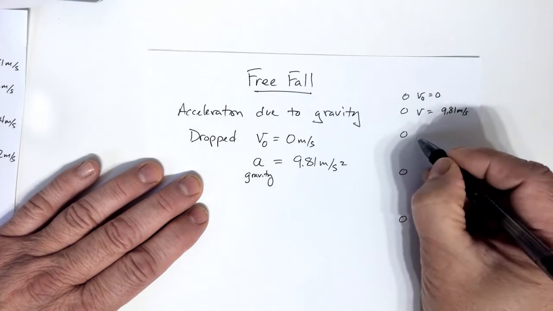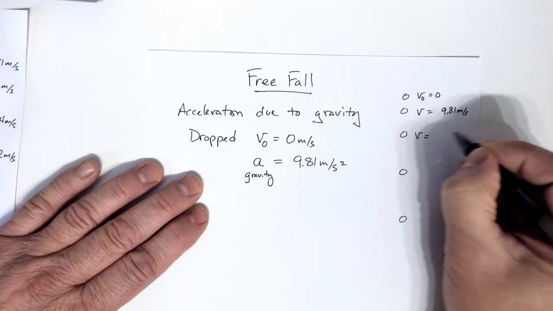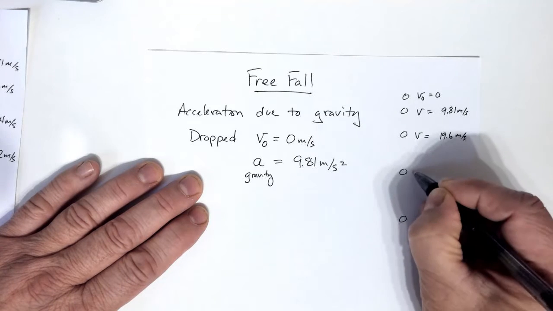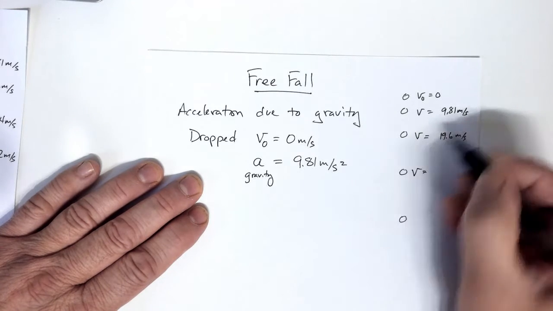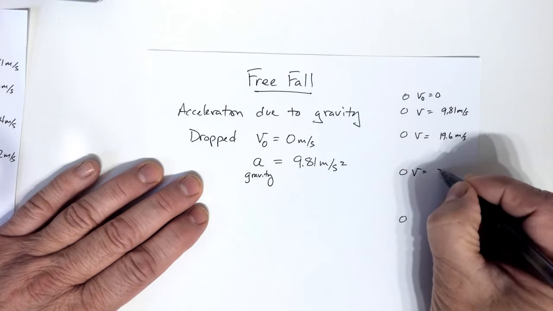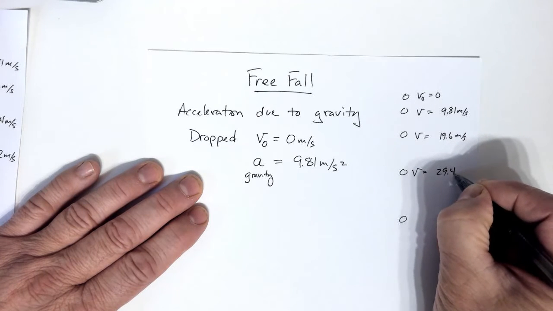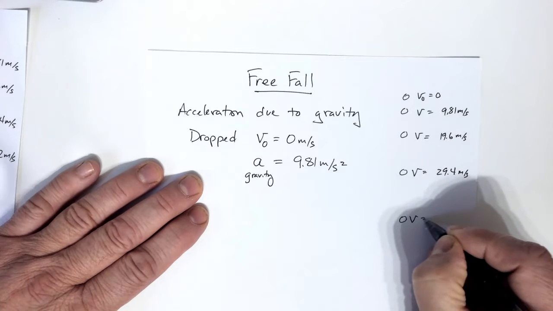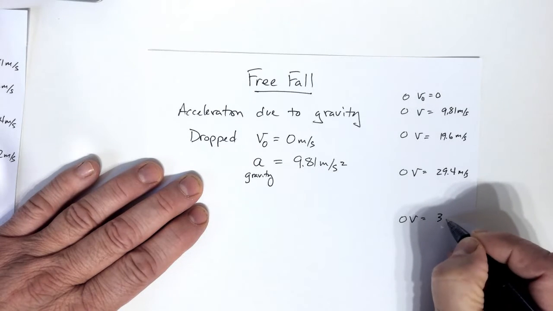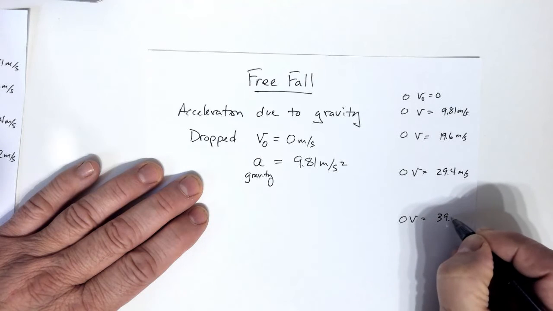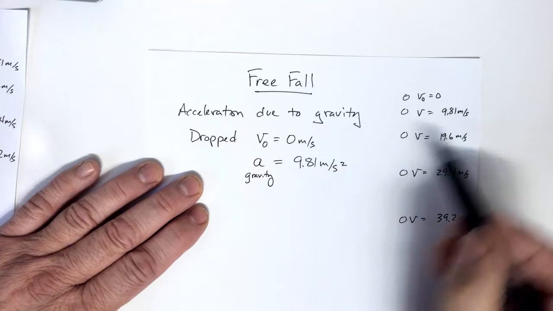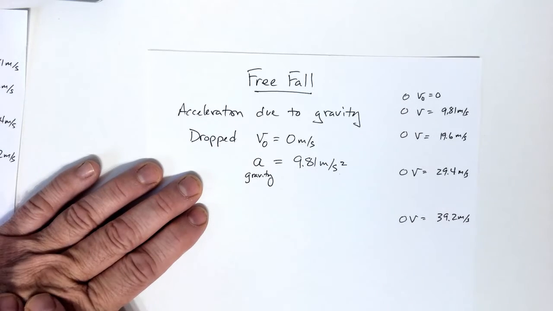And then after 2 seconds, its speed will be 19.6 meters per second. And then the speed will increase another 9.81 and be at 29.4 meters per second. And then it will get even faster. As long as it keeps going, it has room, it will keep increasing in speed, and its increase will be the same, 9.81 meters per second squared, okay?